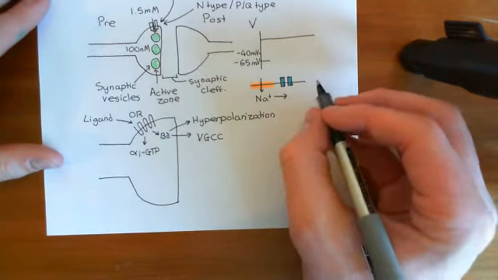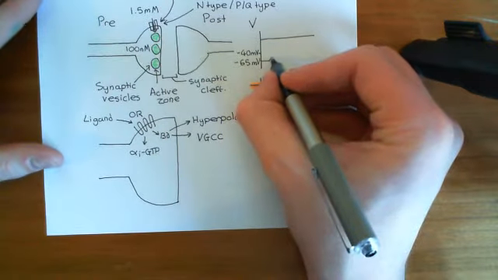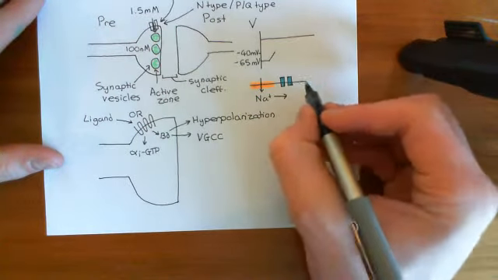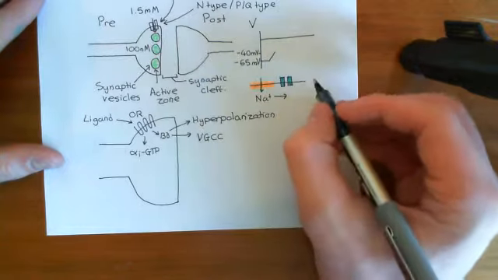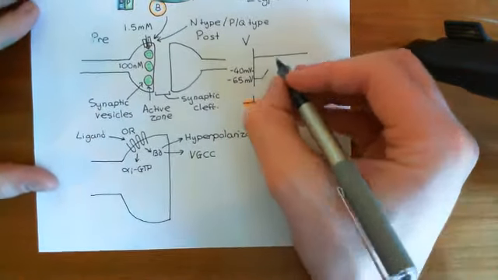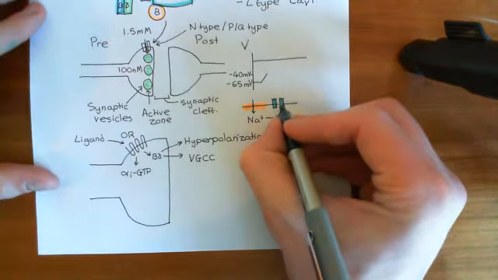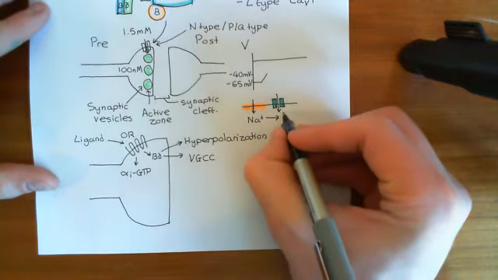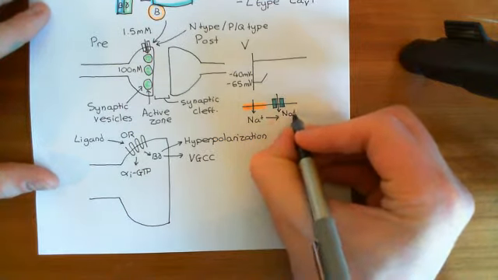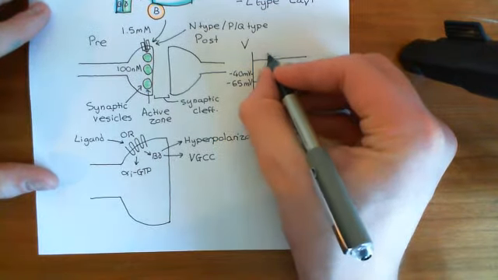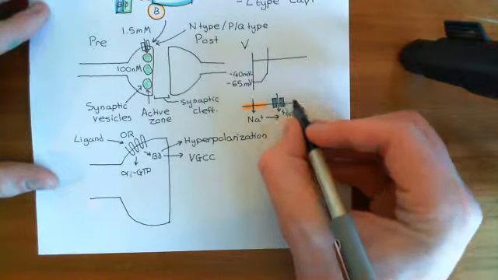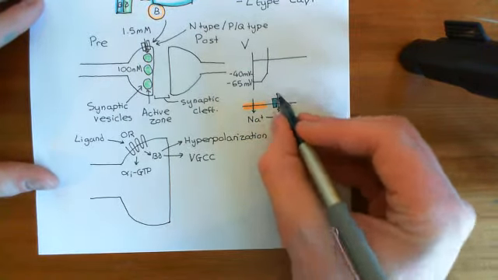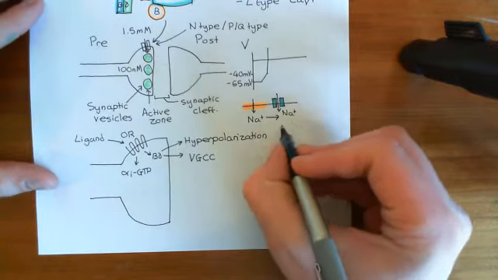So basically what will happen is usually this will depolarize the electrical potential difference across the membrane to threshold potential, negative 40 millivolts, and then these voltage gated sodium channels will open. They will allow sodium to move from the extracellular fluid into the intracellular fluid, and this will cause a very rapid depolarization, because we are moving positive charge out of the extracellular compartment and bringing it into the intracellular compartment.